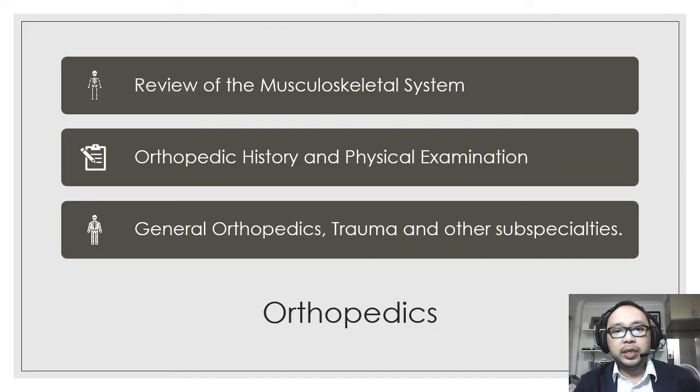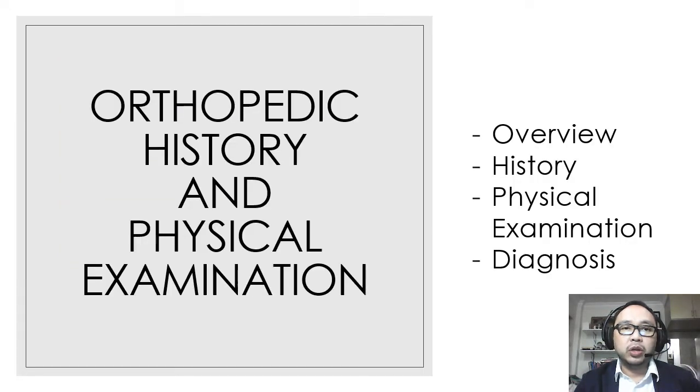So, Orthopedics, we already presented this outline. That's a review of the muscular system. We have covered this in the past two parts, and we'll be discussing today the orthopedic history and physical examination. We'll be looking at the overview.